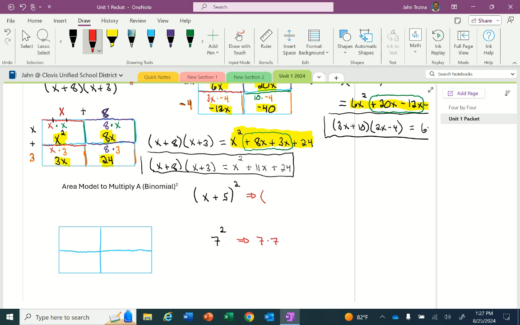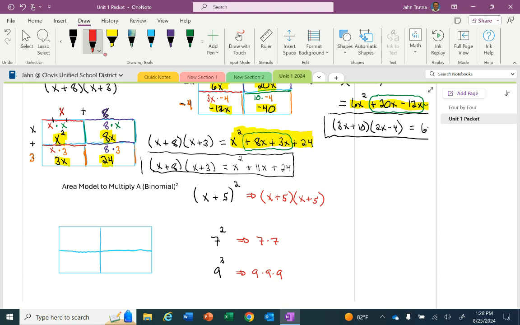So the second power tells me to multiply the 7 with itself, 7 times 7. If it was, say, a third power, if we had 9 to the third power, that of course means you're going to go 9 times 9 times 9. So when you see parentheses x plus 5 to the second power, that means you're going to multiply x plus 5, and because it's a second power, you're going to multiply it with itself.